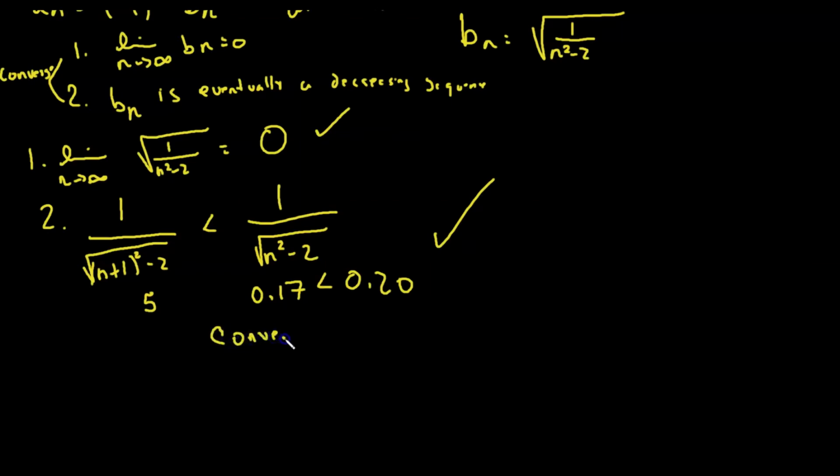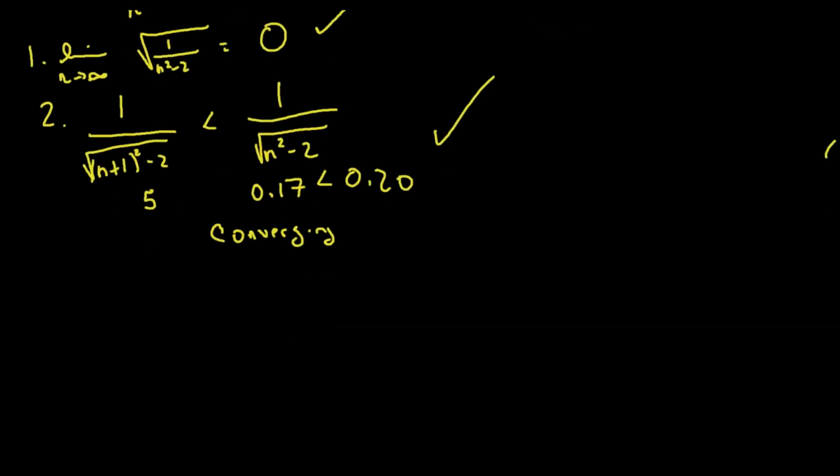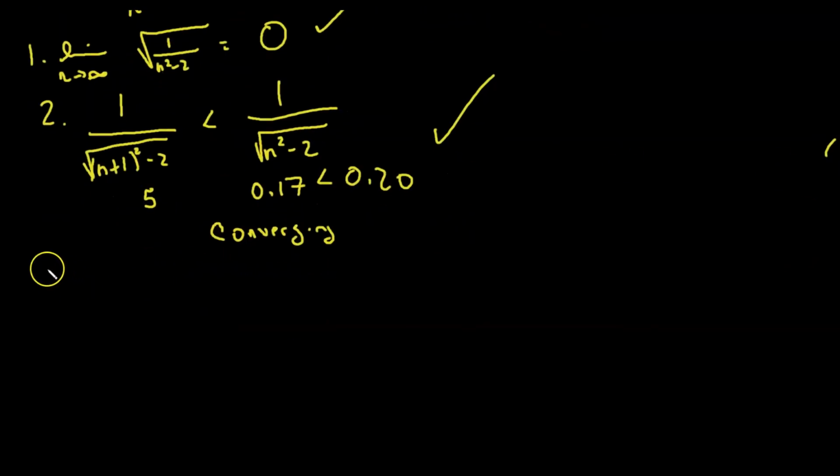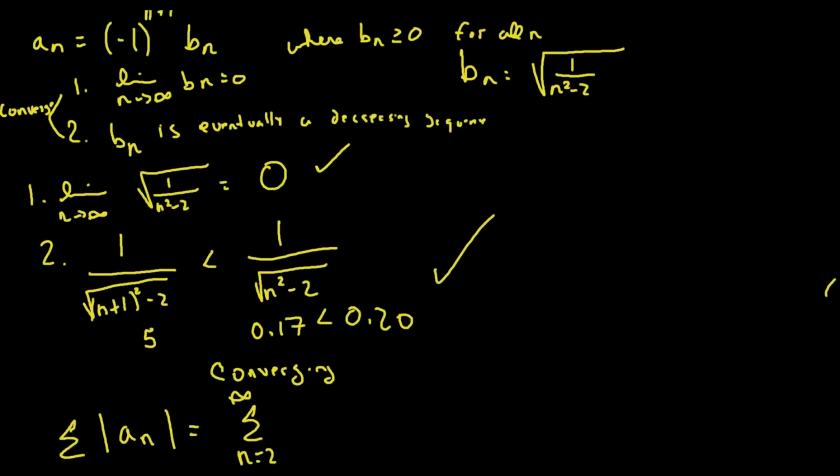But for alternating series, you also have to evaluate the absolute value of your series. So we have to find whether the absolute value of our series is diverging or converging. In the absolute value of our series here, this term would become positive.